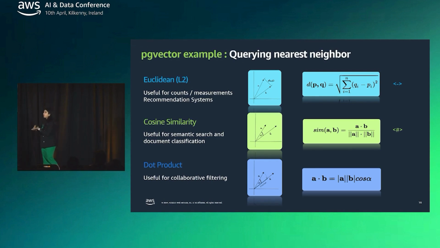But how close is that query to the vector embeddings which I have already, those numbers? The closer it is to the existing vector embeddings, that is my answer. So you have these different ways of calculating the distance between vectors with the pgvector extension.